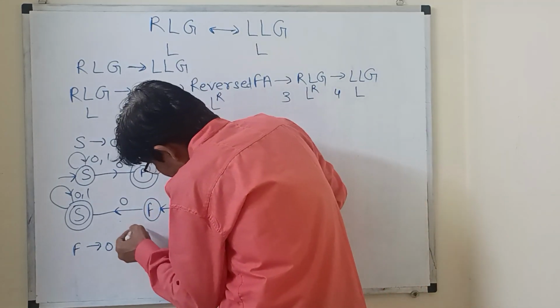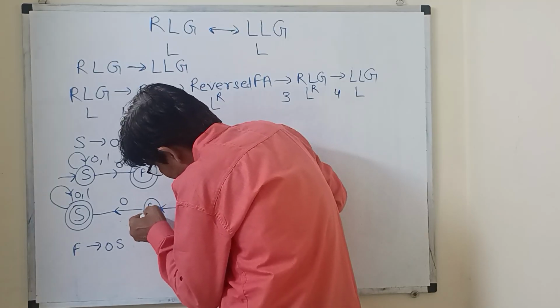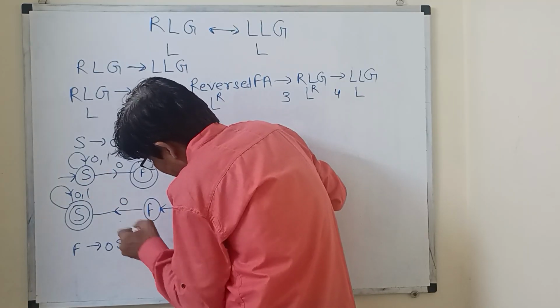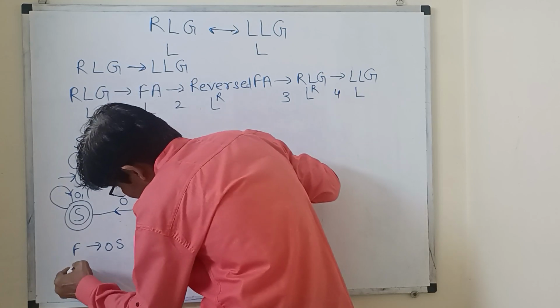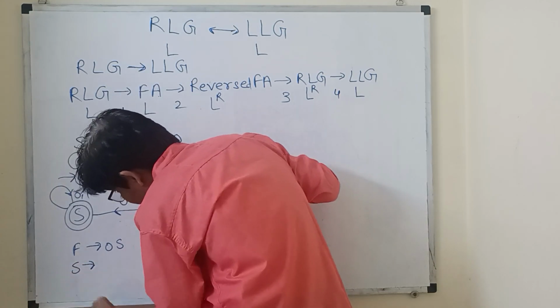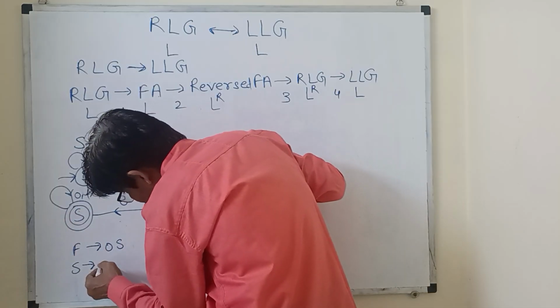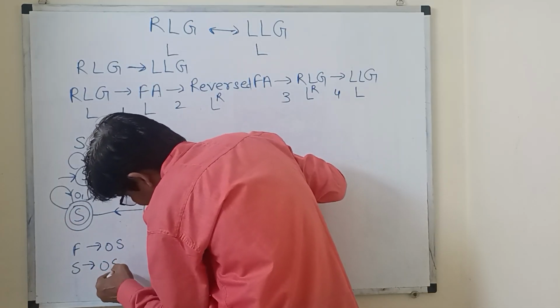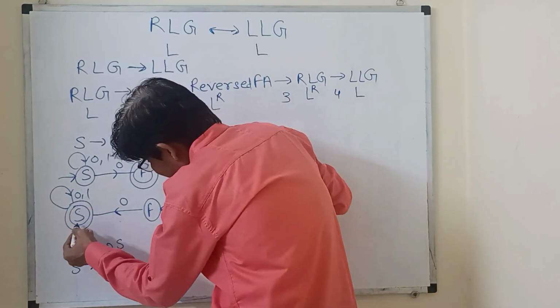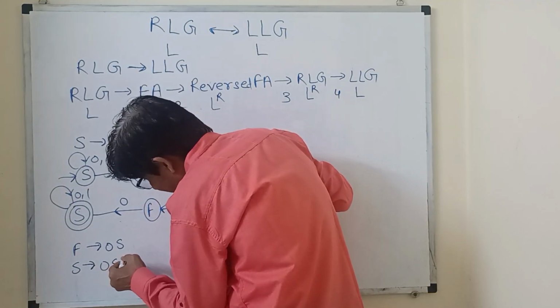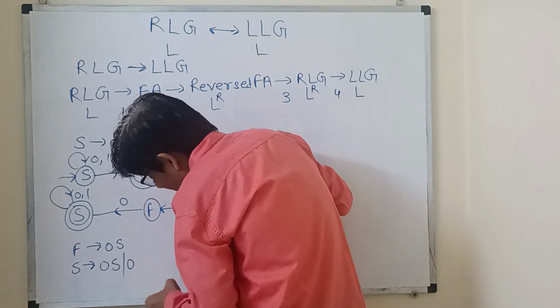There is only one transition for state F. Now on S, if we apply 0, we move to S itself. As S is also the final state, I can write 0 again.